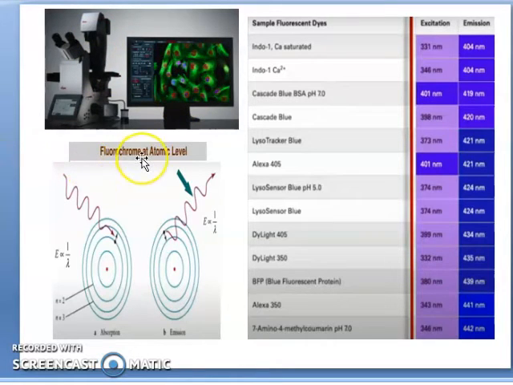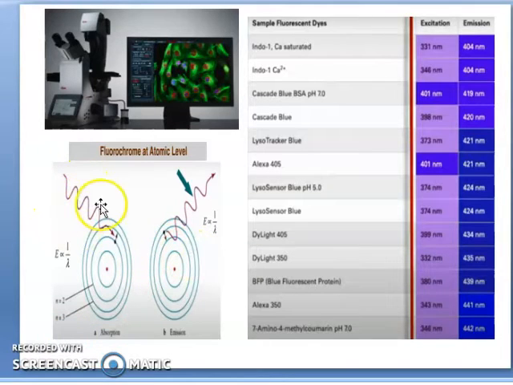Fluorescence microscopy is based on the concept of fluorescence. So what is fluorescence? This is the orbital diagram of an atom of a fluorochrome. The specimen is either autofluorescent or tagged with a fluorochrome.